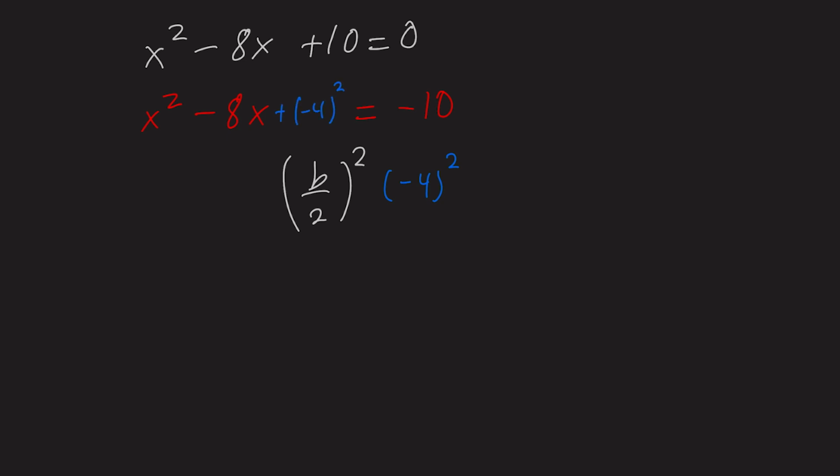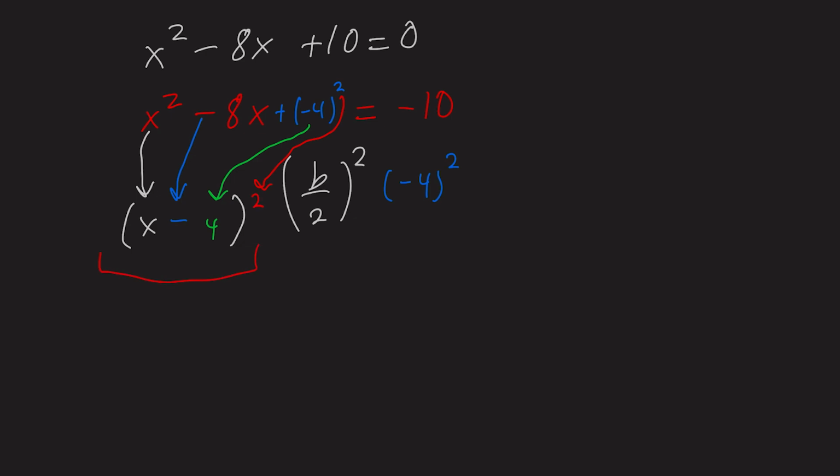And so now we're going to do our little trick when we do completing the square, which is we're going to set up one set of parentheses. We're going to bring down our x. We're going to bring down whatever sign this is. We're going to bring down our number inside the parentheses, and we're going to bring down our squared on the edge right here. And that is our factored form.